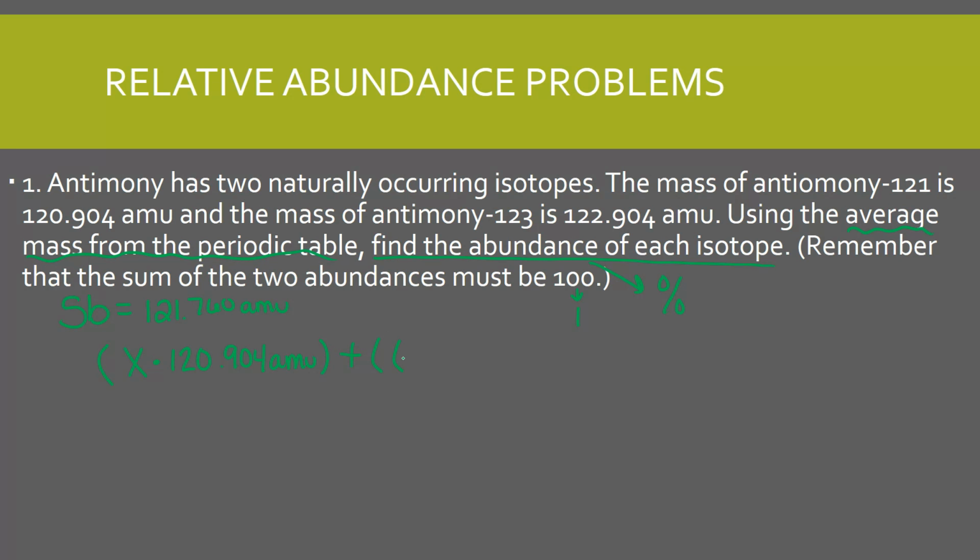Now this is the part we have to think about. It said the sum of both percentages equals 100. So our x is not the same in both instances, because they are going to have different percentages of abundance.